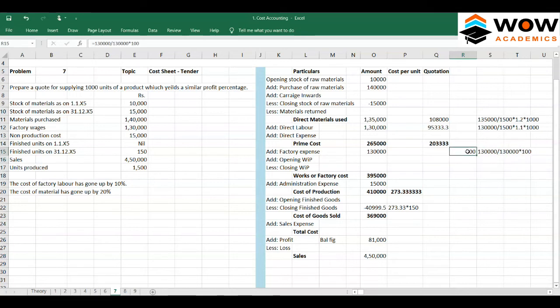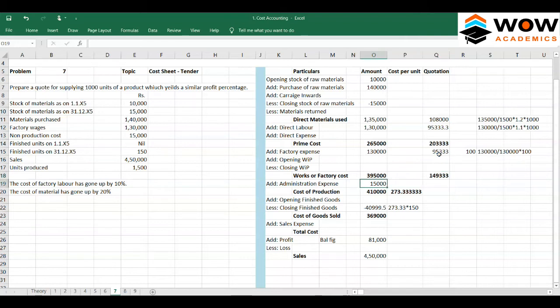It's 100%. That means whatever is the direct labor, the same would be the factory expense. So whatever number you got here, the same number you can put it here. So it is going to be 95,333. Right, we got that. So add both, you got 1,49,333.